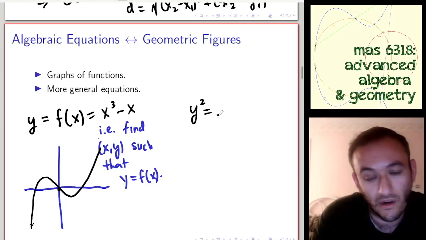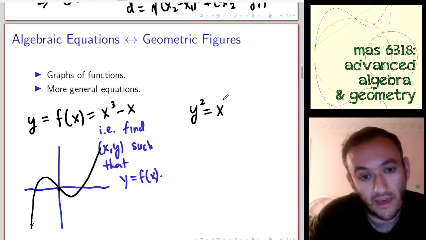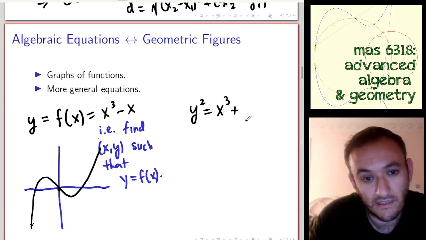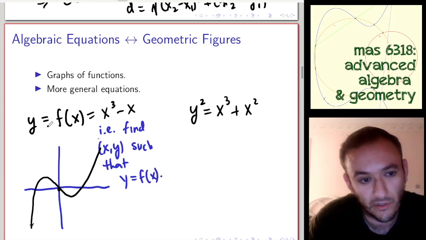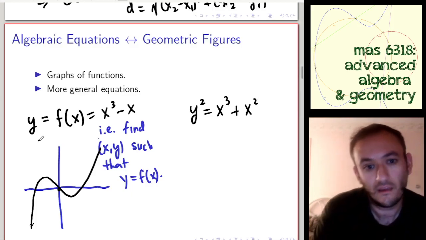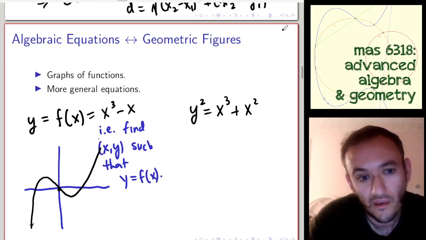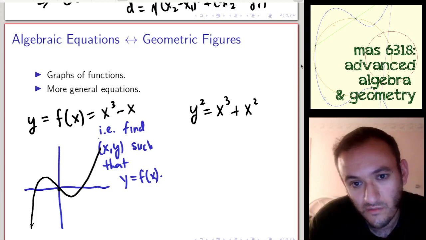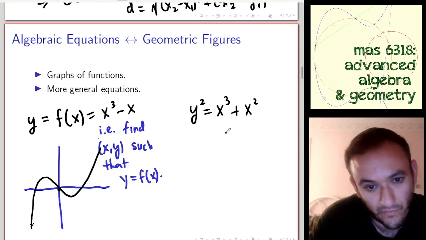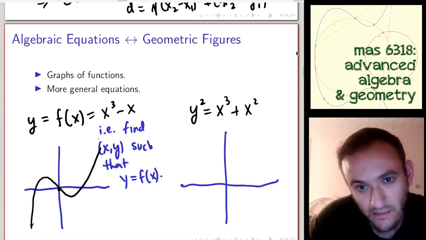If I have y squared equals x cubed plus x squared. It's actually pretty similar to this, but the y is squared, and instead of minus x, we have plus x squared. So if I want to look at the corresponding graph, it looks something like this.